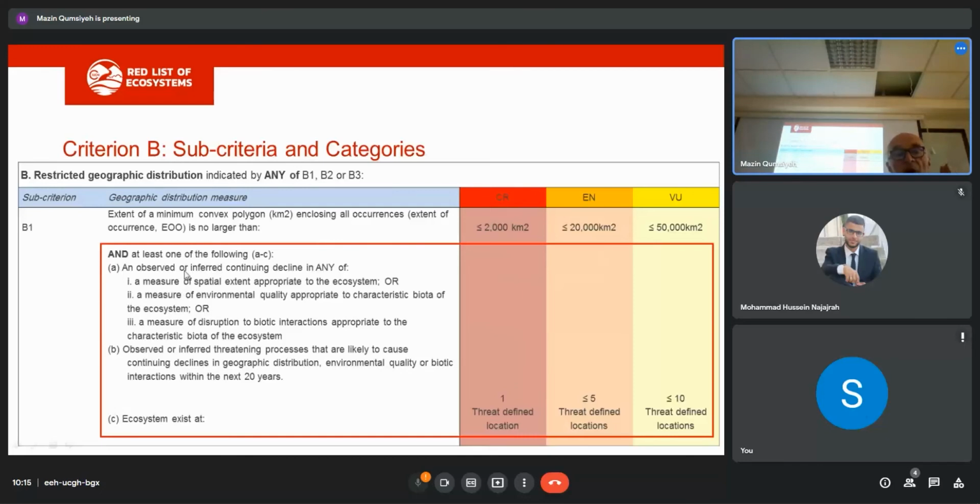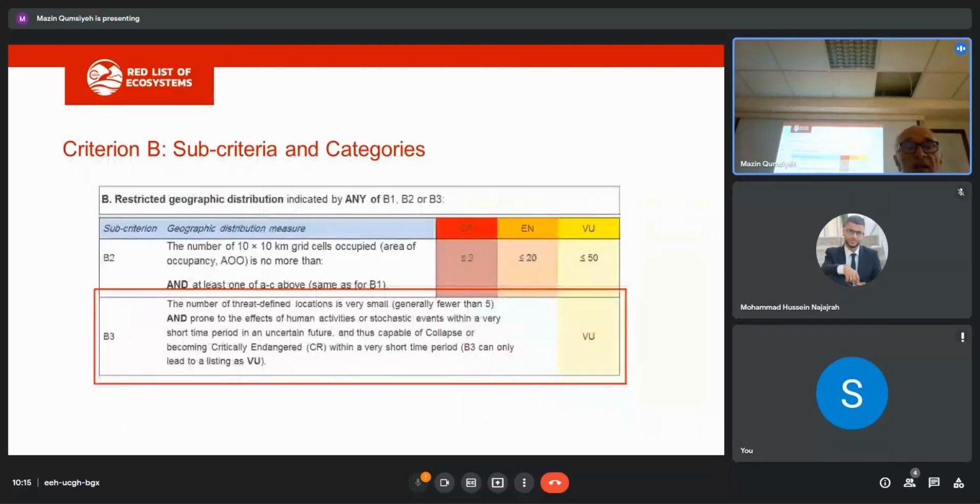So you have to meet at least one of the following conditions plus the starting condition, which is the extent. So the extent is not enough on its own, but it has to be accompanied by sub-criteria. The B2 is the number of 10 by 10 kilometer grids that are occupied, so it's the area of occupancy.